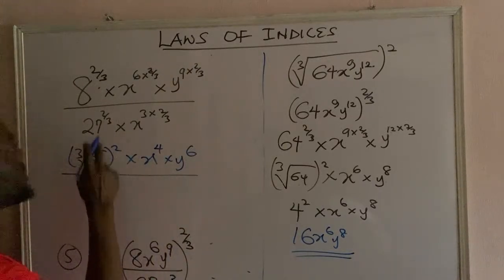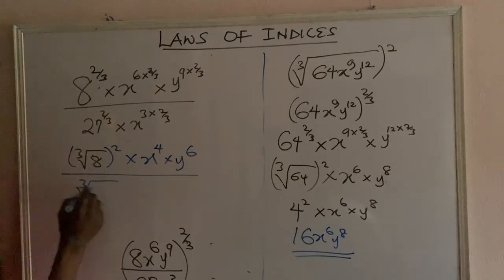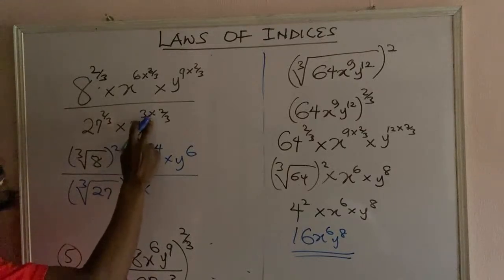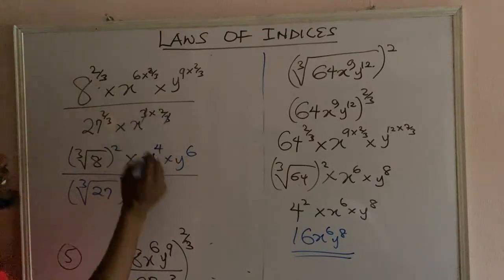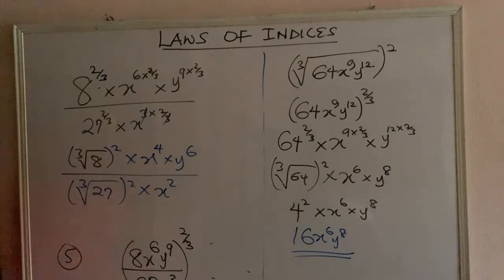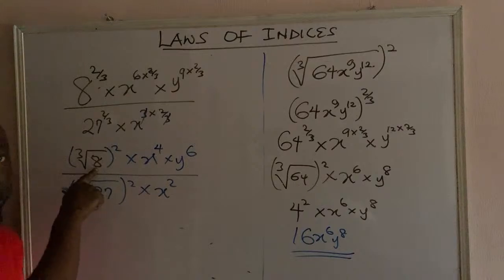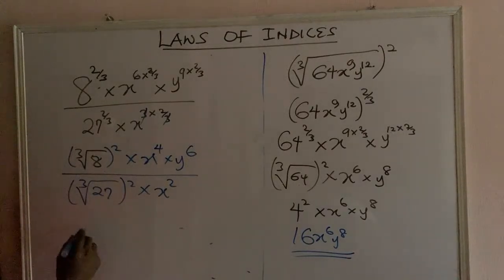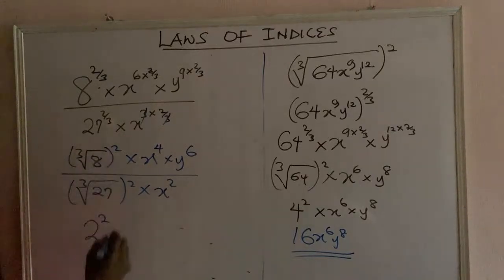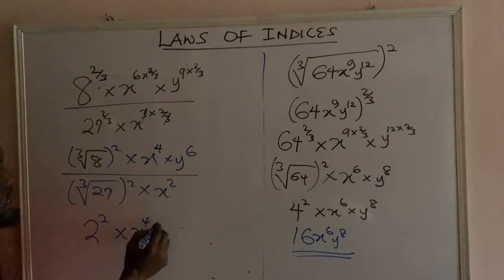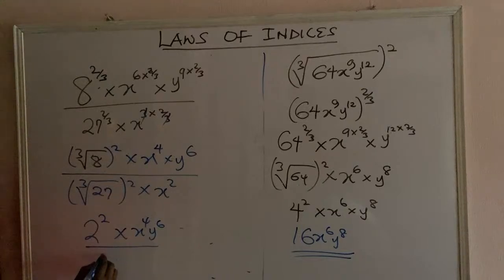Then all over, the third root of 27 all squared multiplied by x to the 2. Now, the third root of 8 is actually 2. So 2 squared multiplied by x to the 4, y to the 6, then divided by 3 squared, x to the 2.